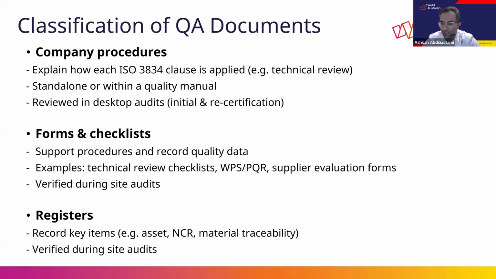Audit forms and checklists support the procedures and are used to record quality data, for example, technical review checklists, WPS-PQR forms, and supplier evaluation forms. Registers track important items like assets, non-conformances, and material traceability. Both forms and registers are verified during the site audit.